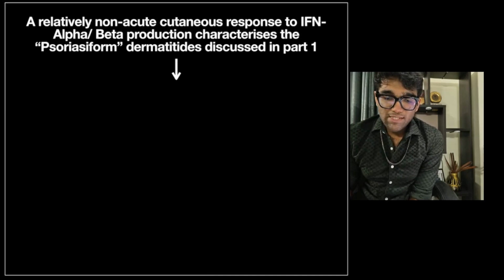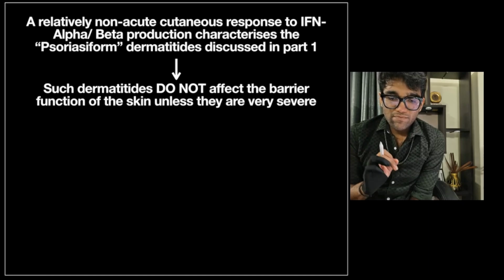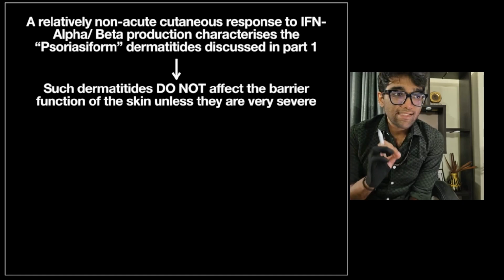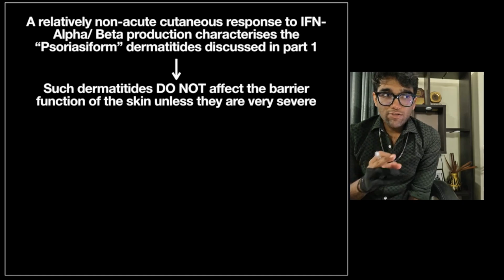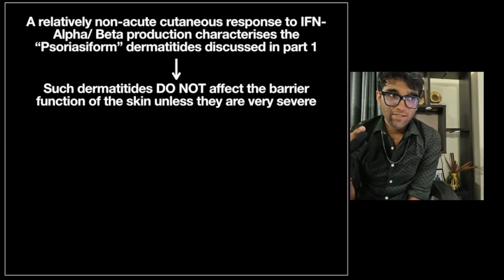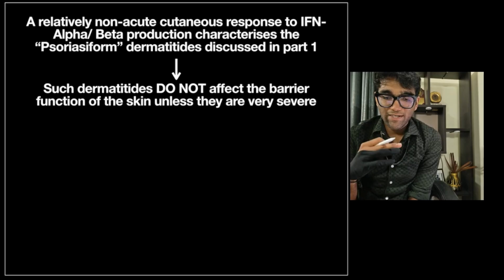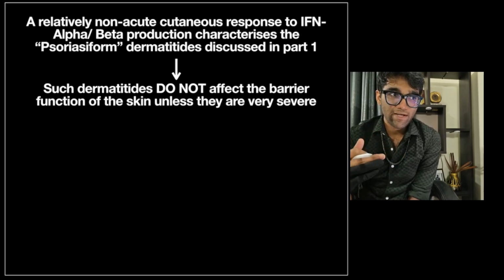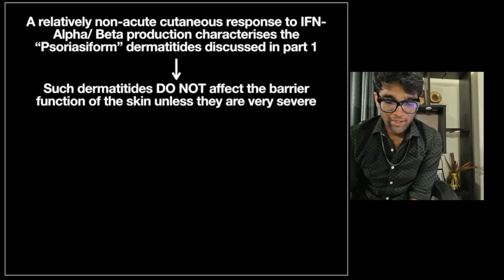Now if such a process is occurring, such dermatitis do not affect the barrier function of the skin unless they are very severe. So there is impaired maturation, but whatever skin has already been synthesized prior to this is still going to remain the same, so it's not going to affect the barrier function of the skin primarily.